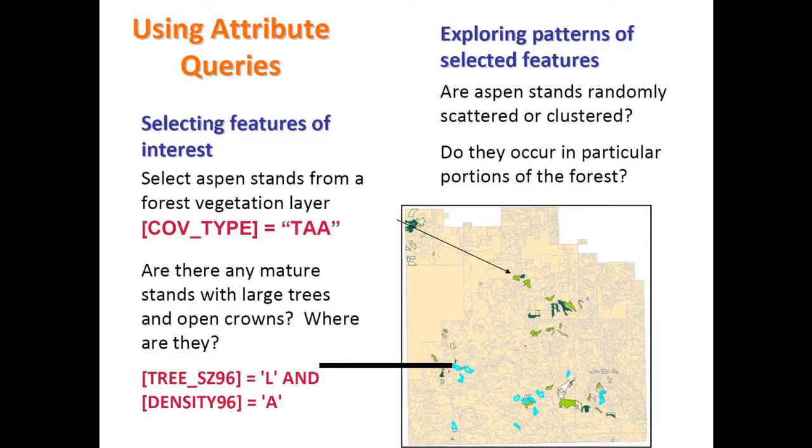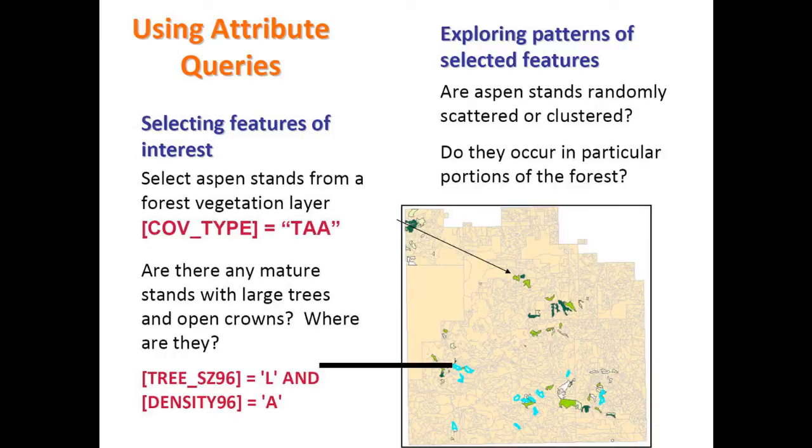So if you want to select some features, we're curious about where, say, the aspen stands are growing in a vegetation map. So we can query through our attribute table, just stand over here, what if that class was, the aspen cover class was, say, TAA is that class.